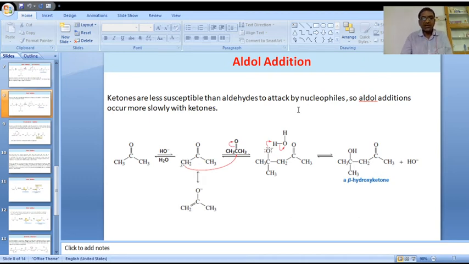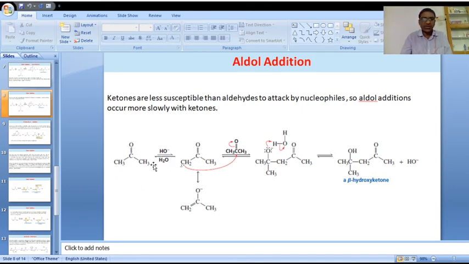Is it clear? Ketones are less susceptible to attack of this particular nucleophile. Here, the same reaction mechanism. Once again, please observe and concentrate in this mechanism part.